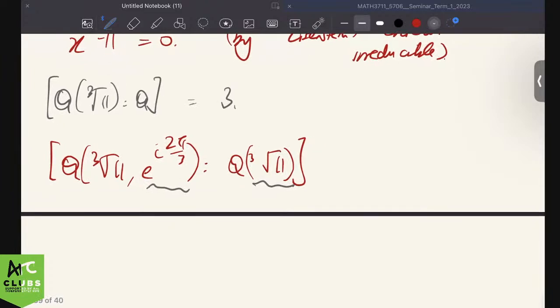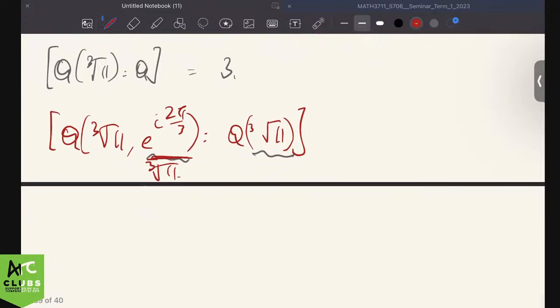And you think about what we usually do with e to the i 2 pi on 3: we know that this satisfies x cubed minus 11. But that's not going to be the minimal polynomial because we can also split this further.